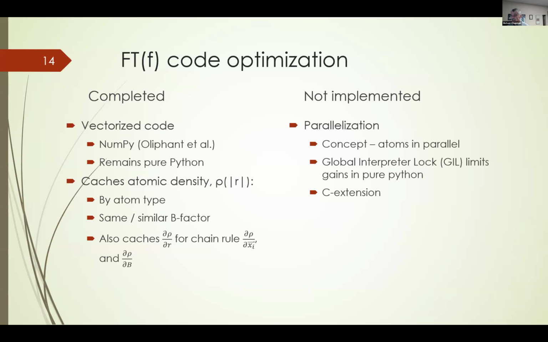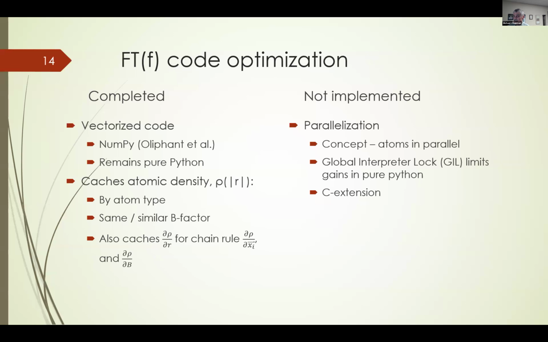And conceptually, this is an algorithm that would be very parallelizable. We've got atoms that we could do calculations on in parallel. But with pure Python, the global interpreter lock would mean that we would actually see very little gain from doing this unless we were prepared to reformat this with a C extension.